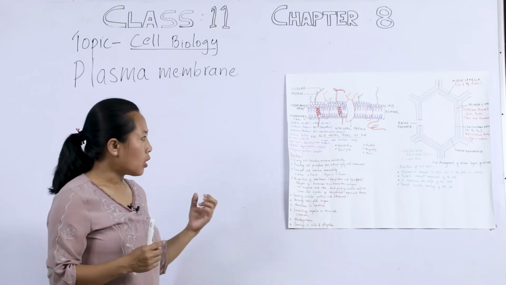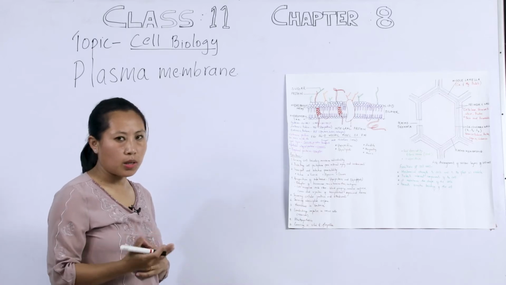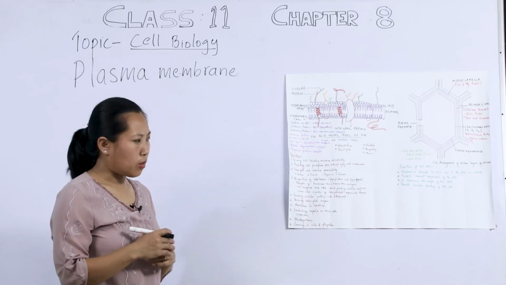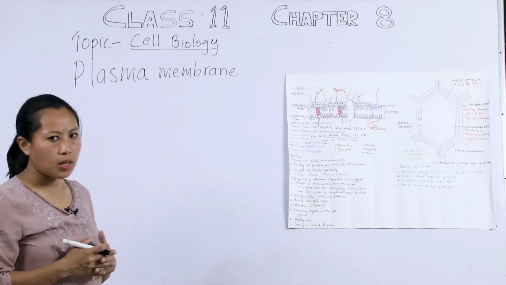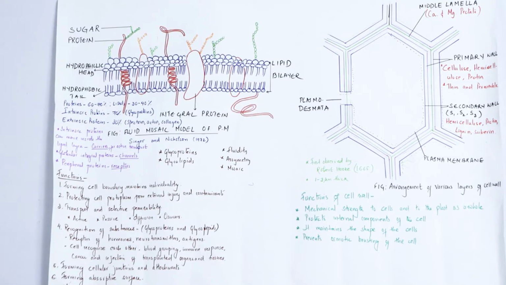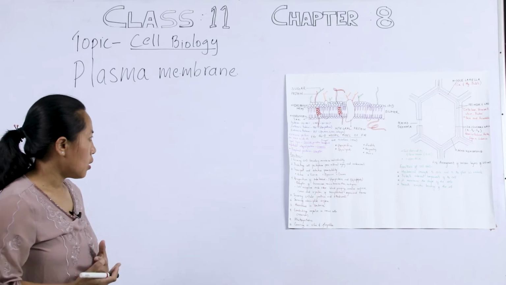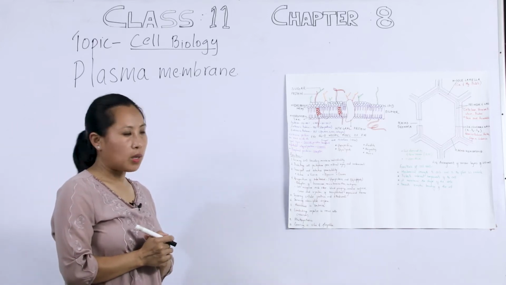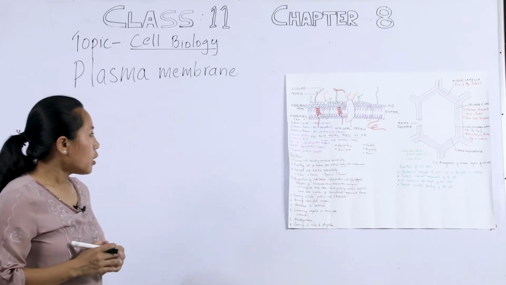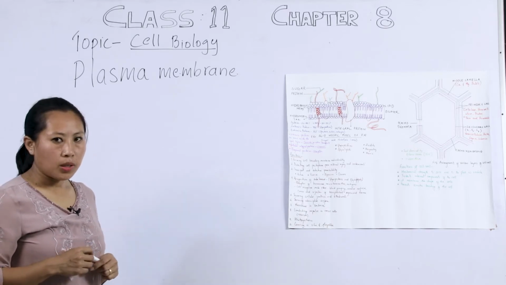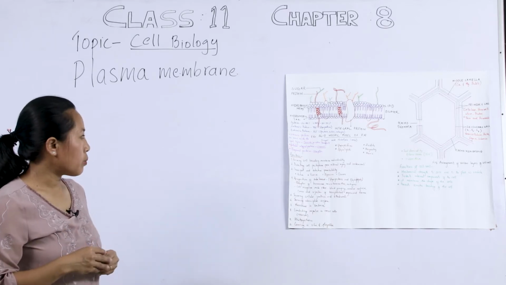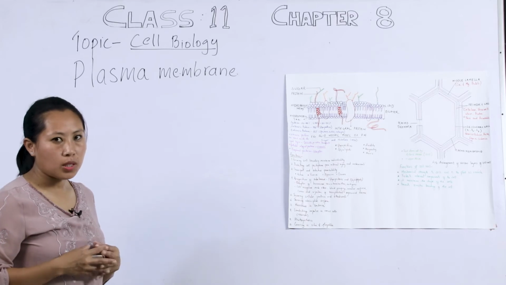Prior to this, the unit membrane model was proposed by other scientists, but of late the fluid mosaic model of Singer and Nicholson proved to be the most effective explanation of the plasma membrane.